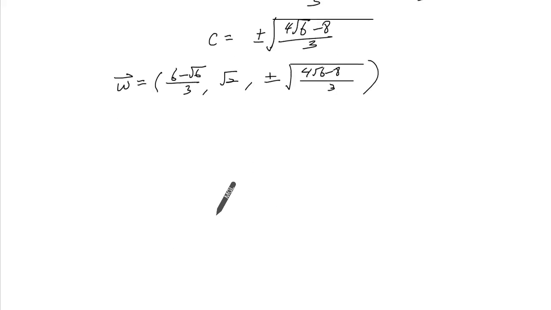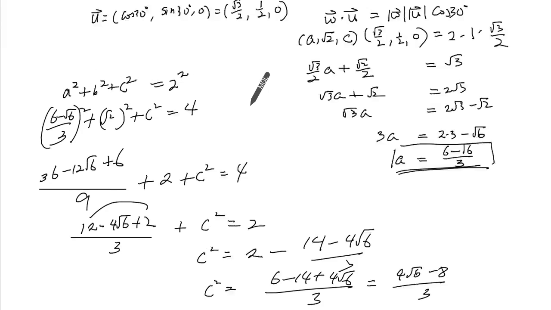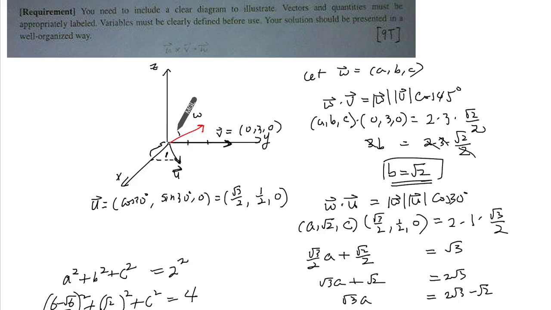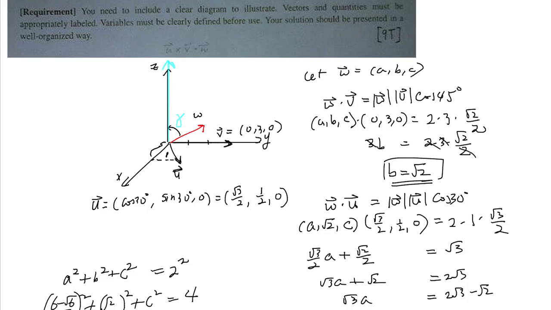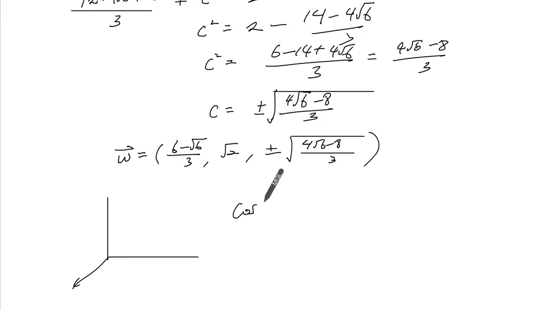Now we're in the position to find, since we have the exact coordinates of w, which maybe I should go back to the original diagram. We can find this angle here. That's the angle between w and, recall that if this is our u and v, u cross v will look like this, going up along the z-axis. So we need to find this gamma. And cosine of gamma is going to be this right here.